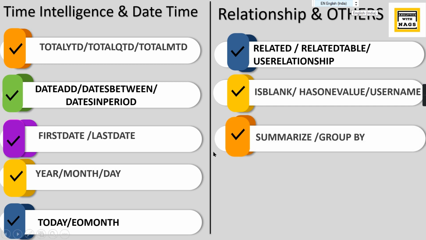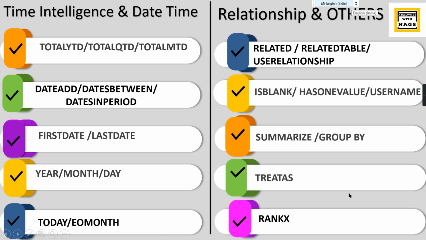Then SUMMARIZE and GROUPBY, TREATAS, and RANKX. Once you combine these two screenshots, the first slide and second slide, they come to 40 DAX functions, and once you know these things, you can be in a position to handle almost all business scenarios.